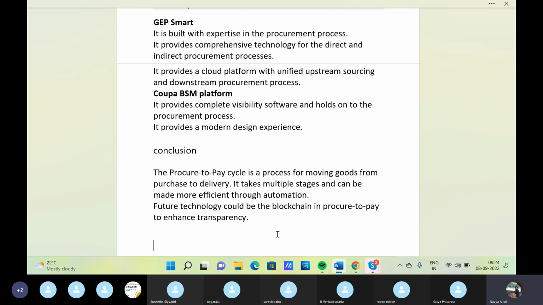GP Smart also has some problems. It is based on an Oracle database.